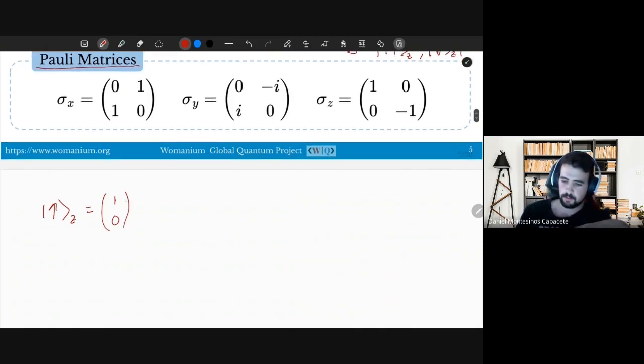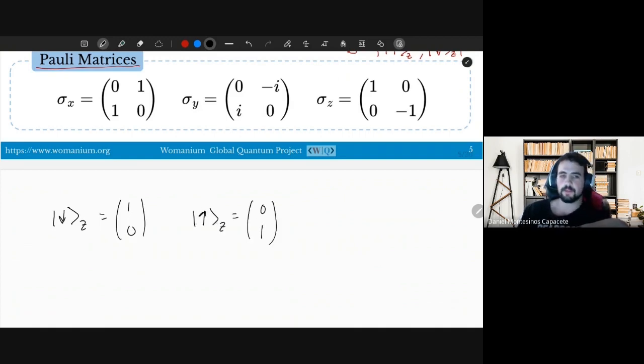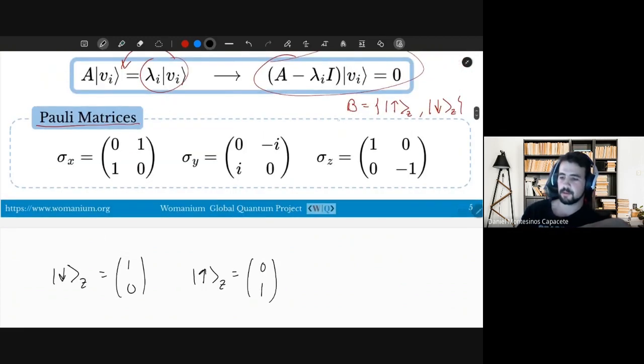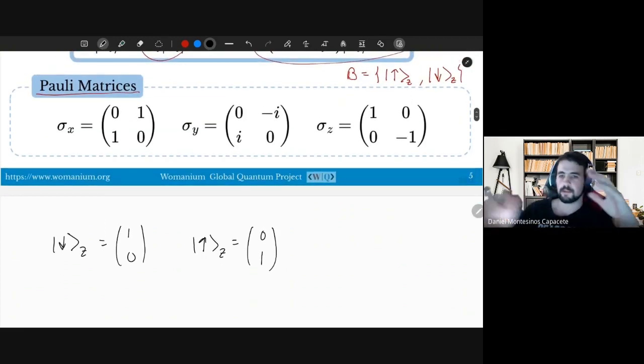1 0 matrix column, and this other vector, well, let's write, sorry, let's write in color black, 1 0, also up. This will be the 0 1 vector, right? Because in this basis, this is the very same, as we have done a lot of times before.